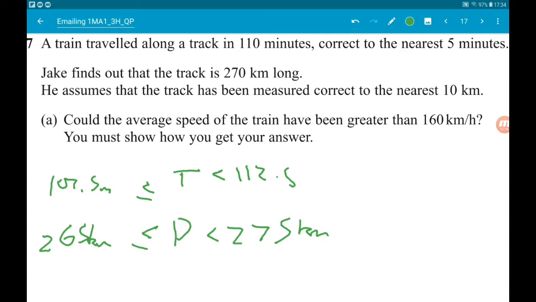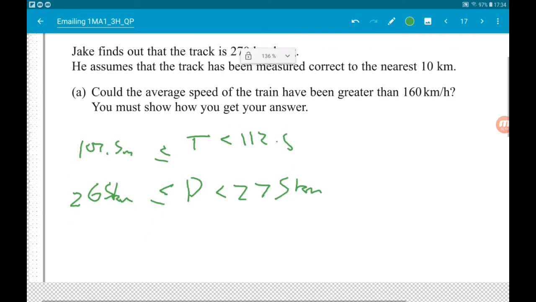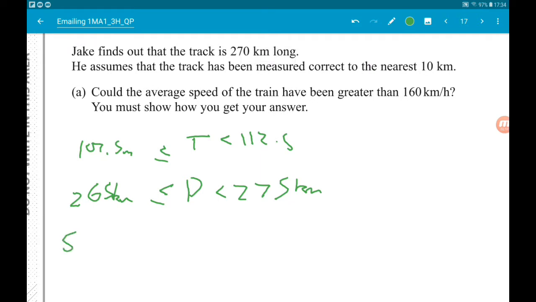Okay, so speed is distance over time. Now, what we want is the upper bound for the speed, because we're asked, can it be greater than 160?